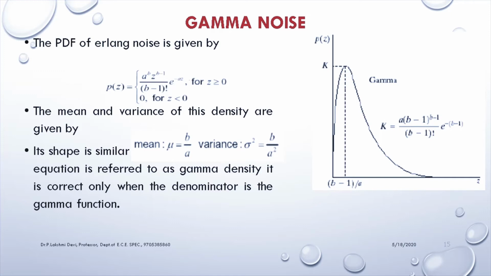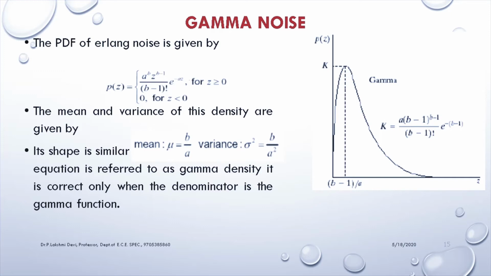If you observe this graphical representation, Z greater than or equal to 0 means at 0 also we have a certain value of this distribution function, but not like in the Gaussian and Rayleigh noise models. If Z is less than 0, P of Z equals 0.